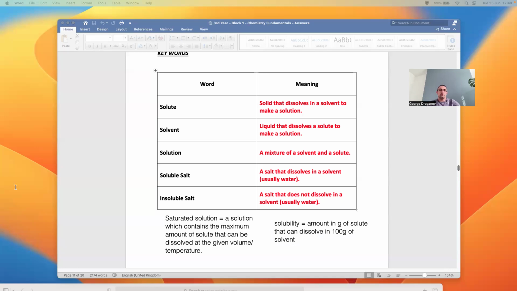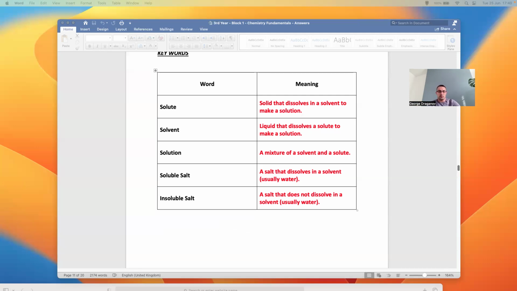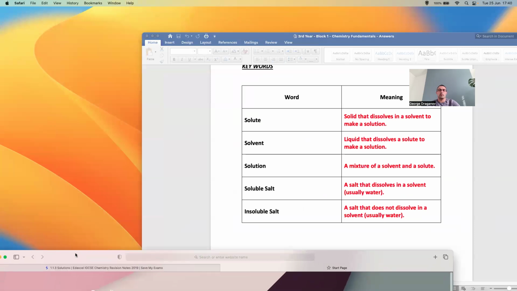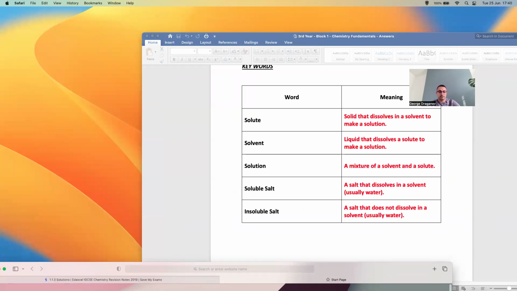As a result of this, you'll need to be able to interpret curves called solubility curves. So I'm going to show you how to do that now with a few examples and attach the worksheet. The example I'm going to use is right here. Solubility curves. Here it is.